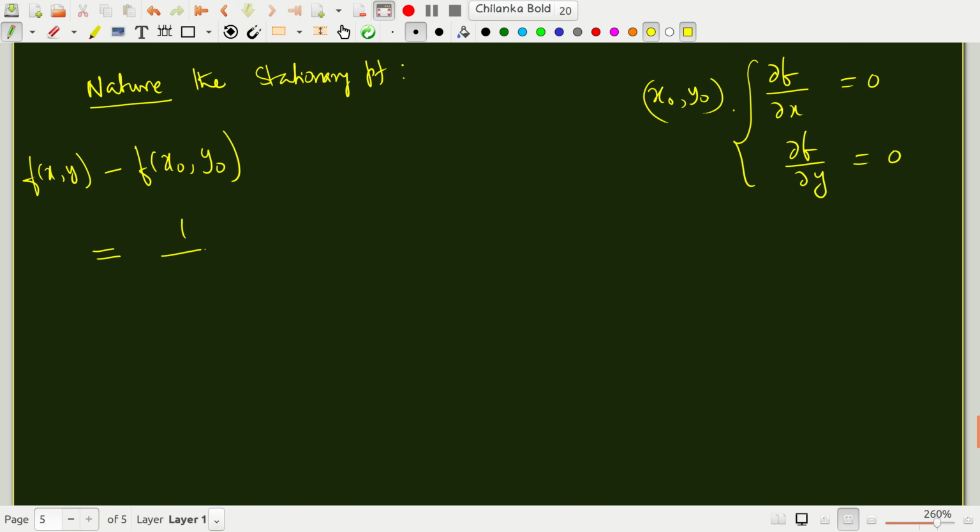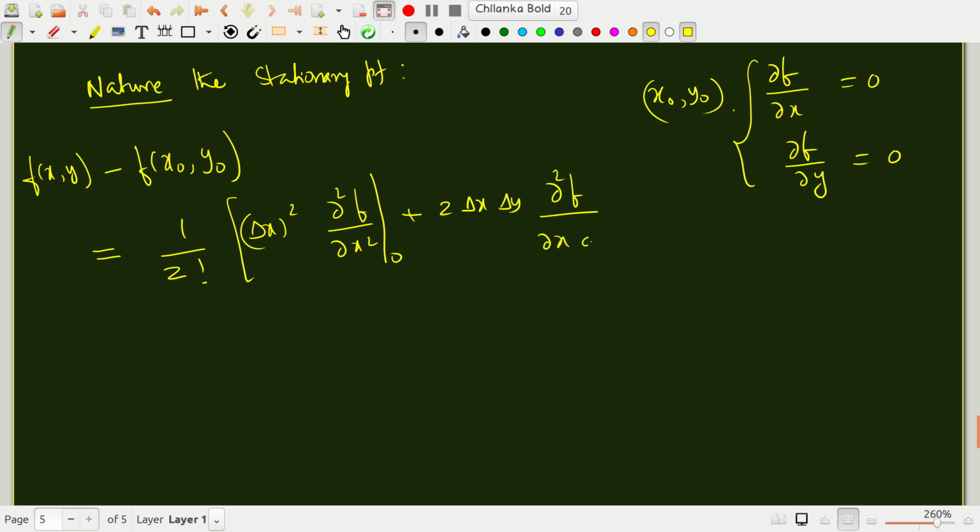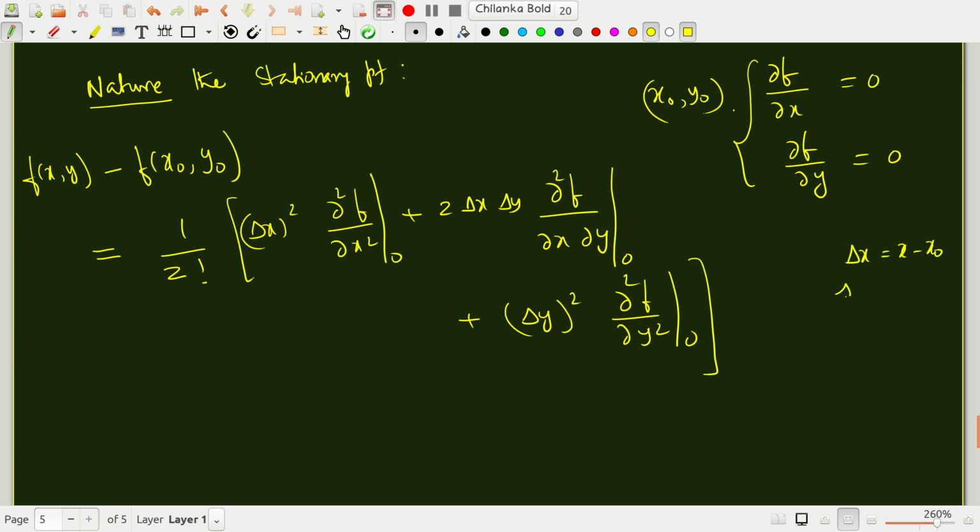So all you will have is the second order deviations, which is delta x squared times partial squared f by partial x squared at 0, plus 2 delta x delta y times partial squared f by partial x partial y at 0, plus delta y squared times partial squared f by partial y squared at 0. What is delta x? As usual, x minus x0, and delta y is y minus y0. That is the same notation that we used just now.